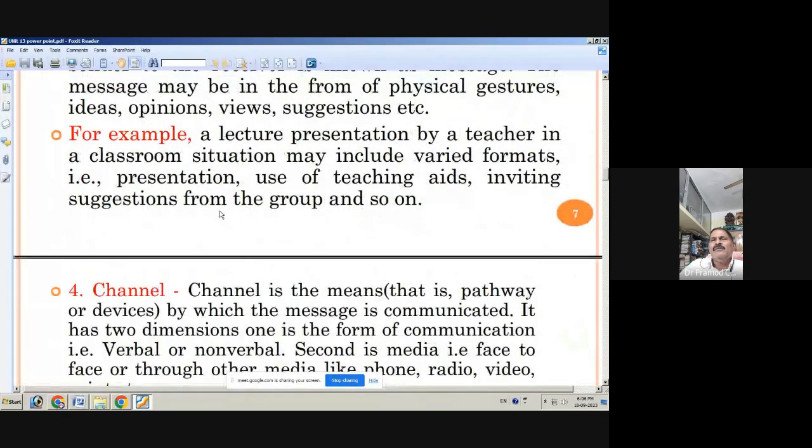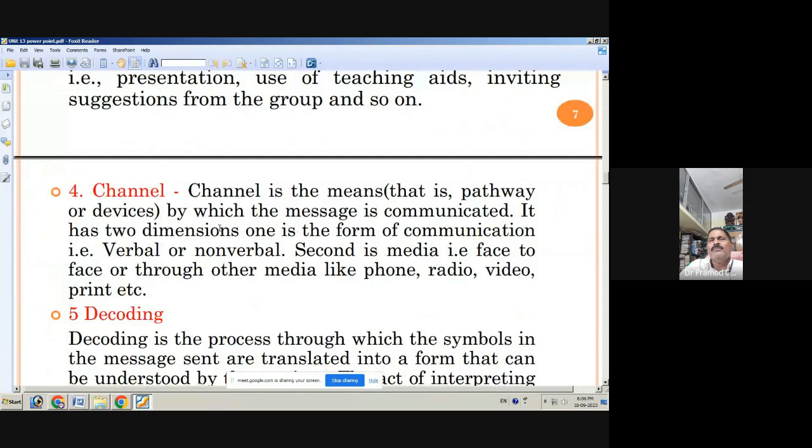Suppose you are lecturing, then your presentation style will be different. Your use of teaching aids is also different. And your suggestions will also differ from person to person. But you will have to take the channel. Channel is nothing but a means, the pathways or the devices through which the message will be communicated.